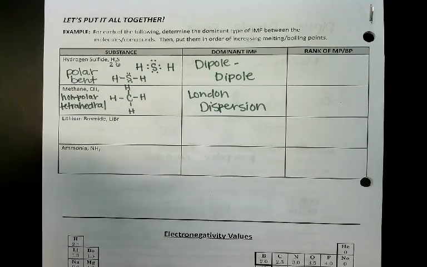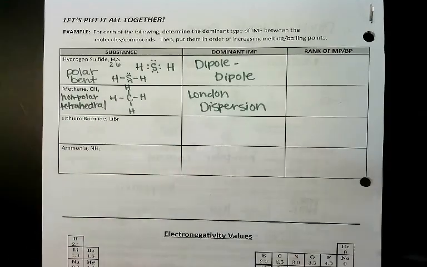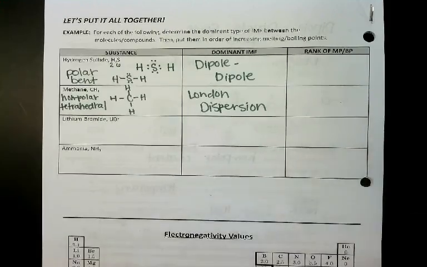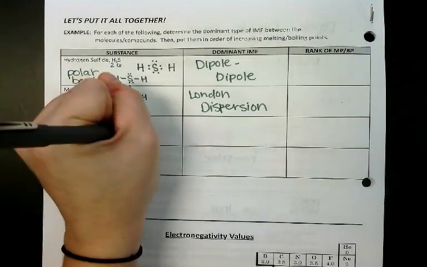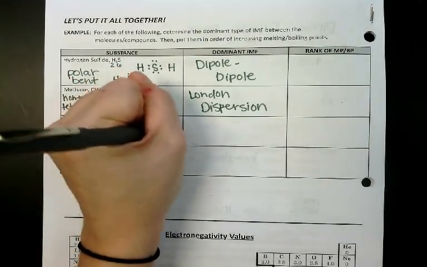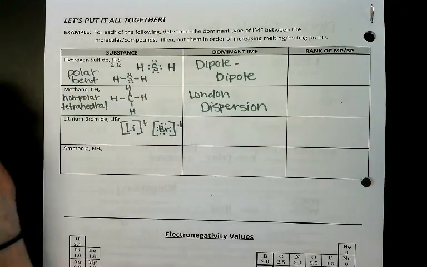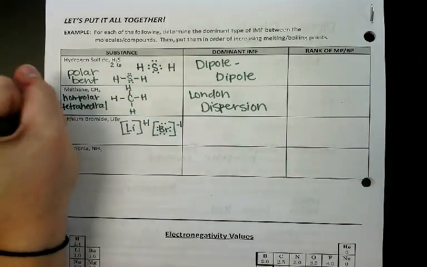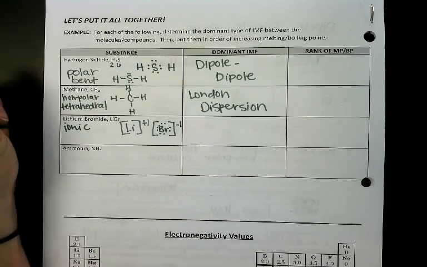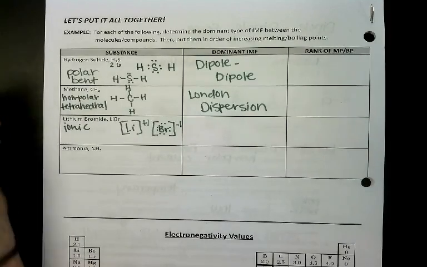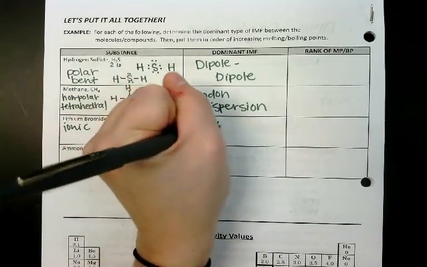Okay. Next one, lithium bromide. Well, lithium bromide is actually a what type of compound? Ionic. This is an ionic compound, right? So, what kind of dominant IMF is it going to be? Ion-ion. Okay? Ion-ion. Last one, ammonia, NH3.